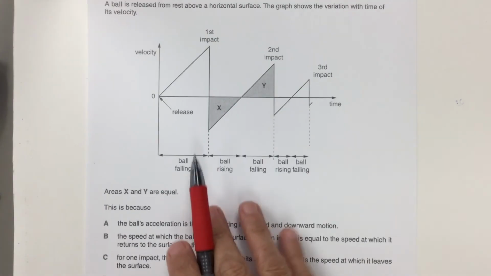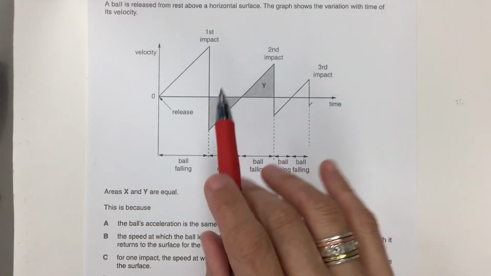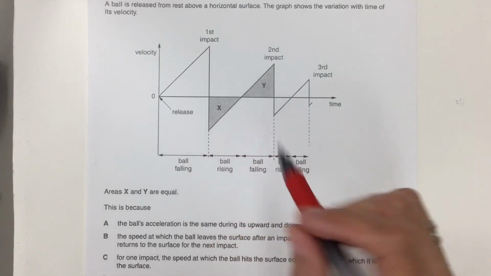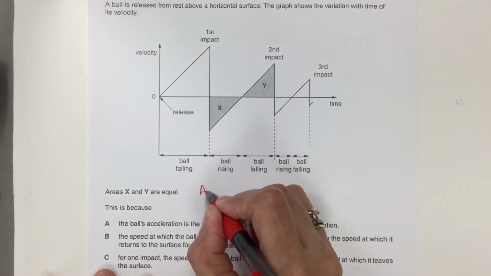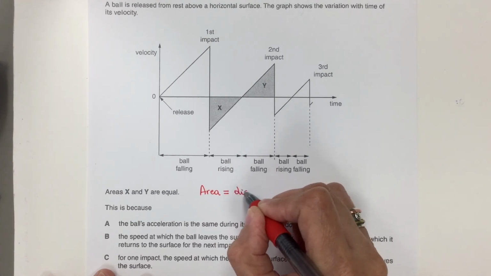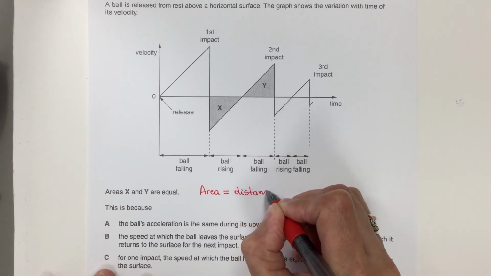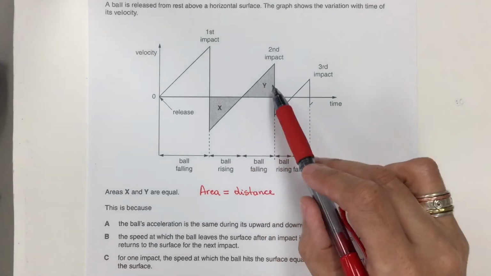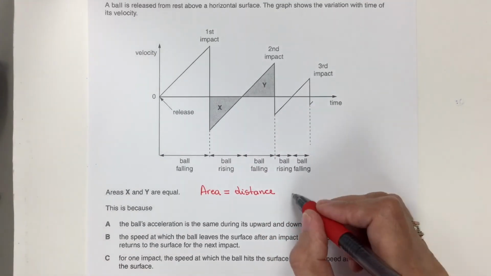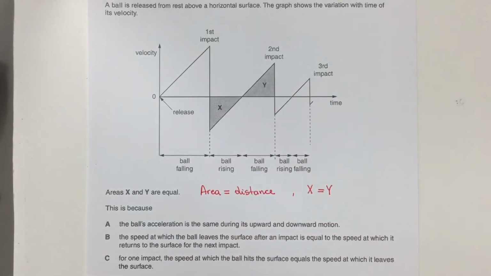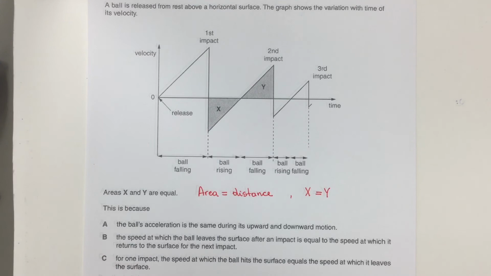We know in a velocity-time graph, the area under the line, or the shaded area, is equal to the distance or displacement. So in this case, we can see that X and Y are equal, so the distance is the same.